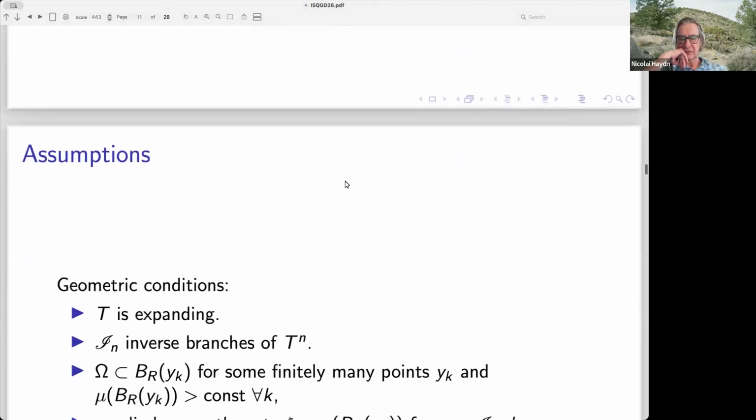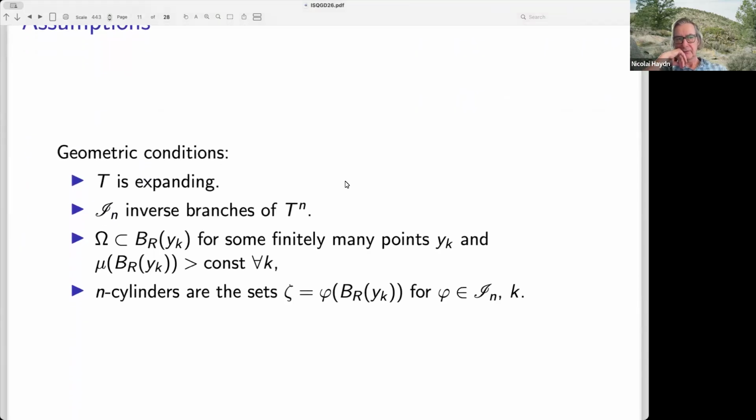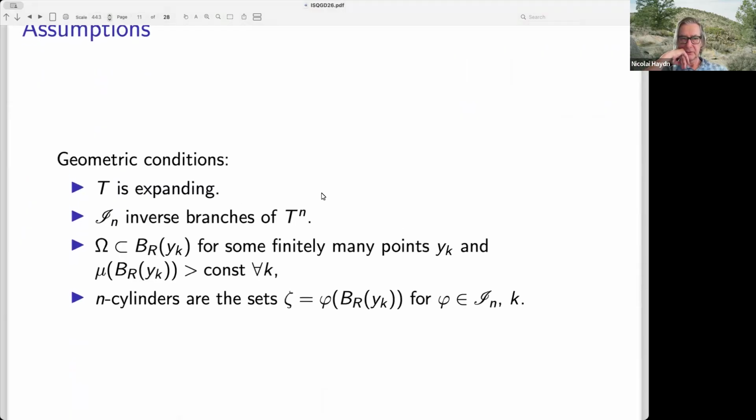So what I want to talk about is some general result in a geometric setting, not the symbolic setting with phi mixing, but the general setting where we have a manifold, and generally what we want is some expanding map. One could think of, say, interval maps, or torus maps.